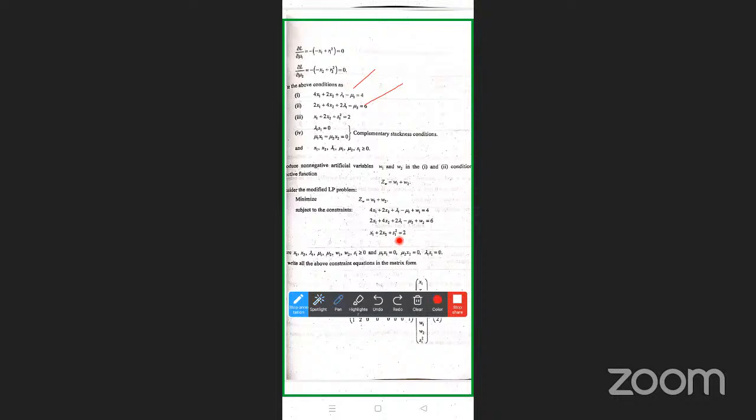We add artificial variables for the first two equations, that is differentiation with respect to x1 and differentiation with respect to x2. So these are the three equations. This is the objective function. These are the subject to constraints. These are the non-negative variables. Mu1 x1 is 0, mu2 x2 is 0, these conditions, and lambda 1 s1 is equal to 0.